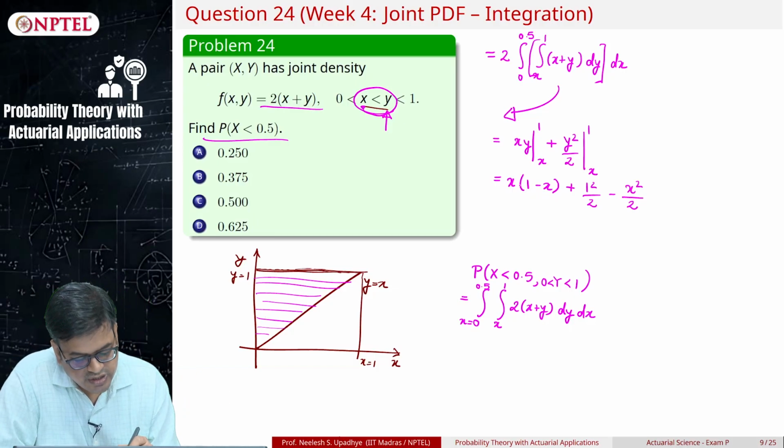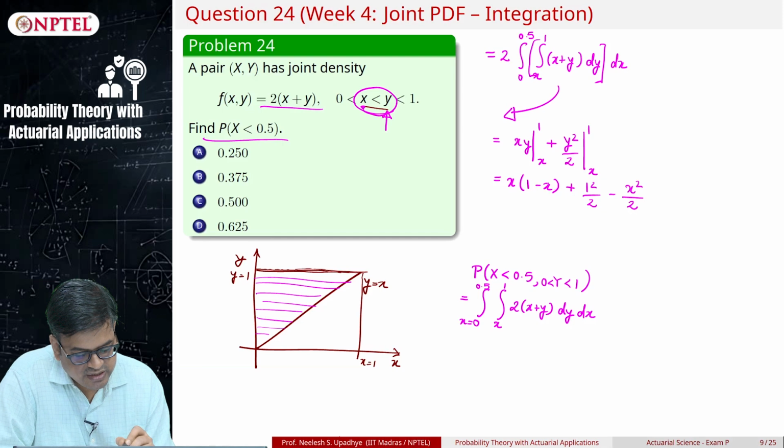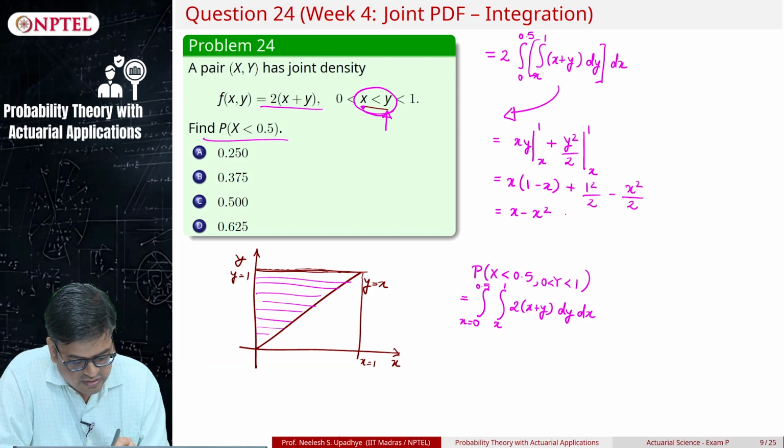So, this gives me x minus x square plus 1 by 2 minus x square by 2, okay.